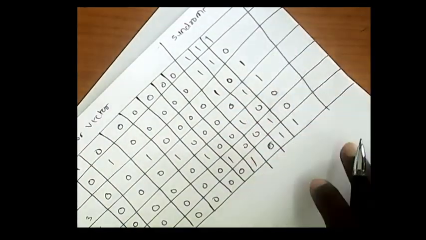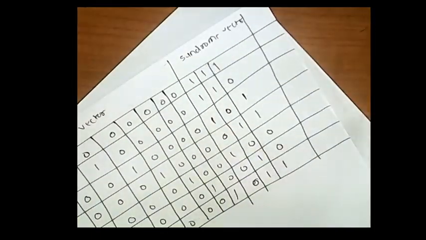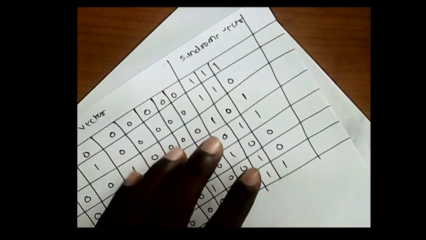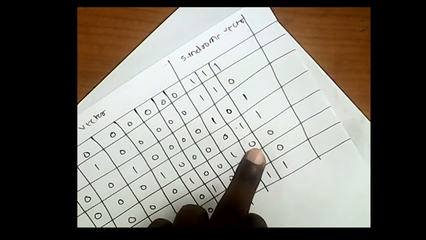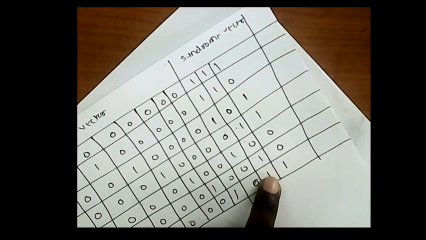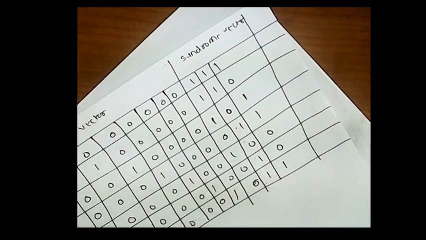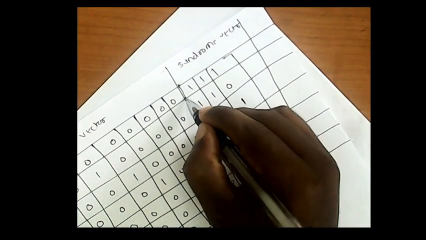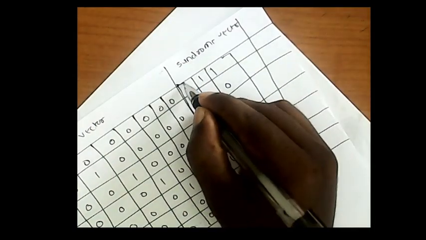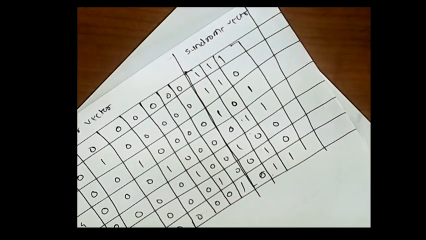And if you observe these syndrome vectors, they are the first row, second row, third row, fourth row, fifth row, sixth row and seventh row of the transpose of the parity check matrix. So this is nothing but the transpose of the parity check matrix. So we can stop here. Thank you.